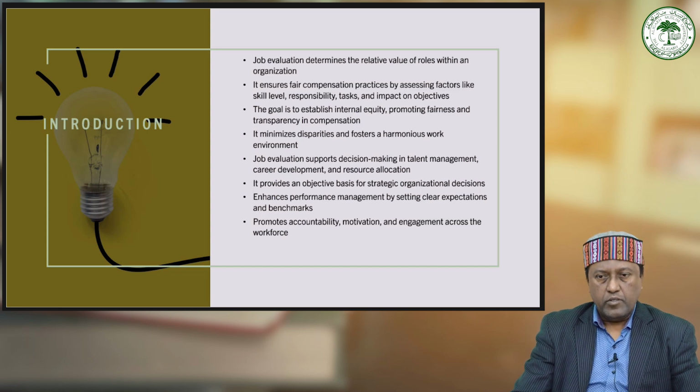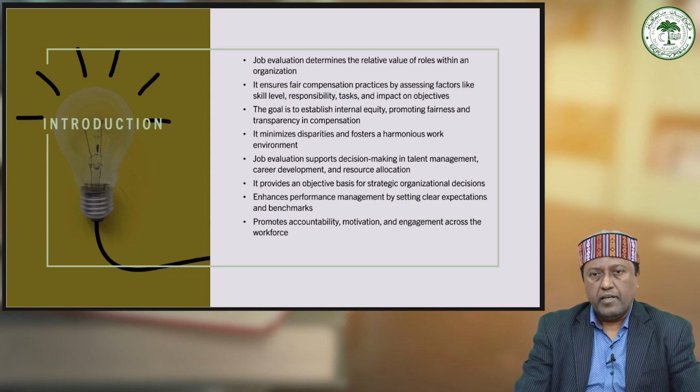Job evaluation involves a comprehensive analysis of various factors that contribute to the complexity, significance, and demands of each role within the organization.